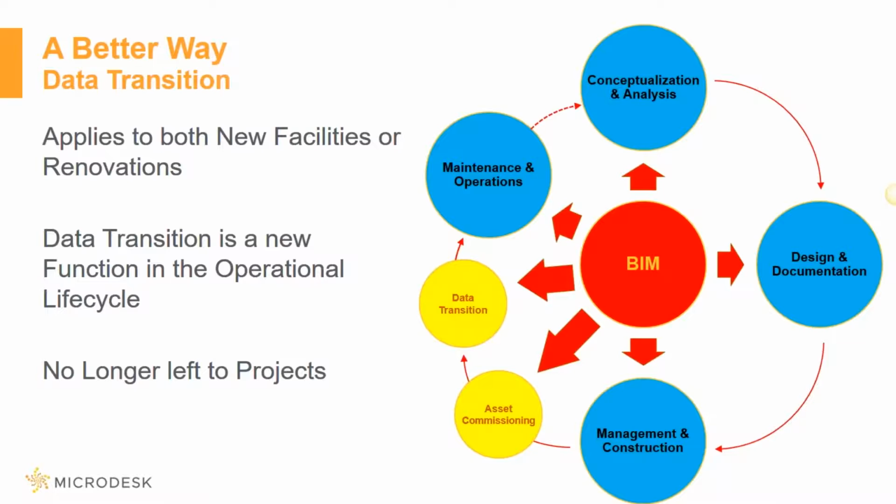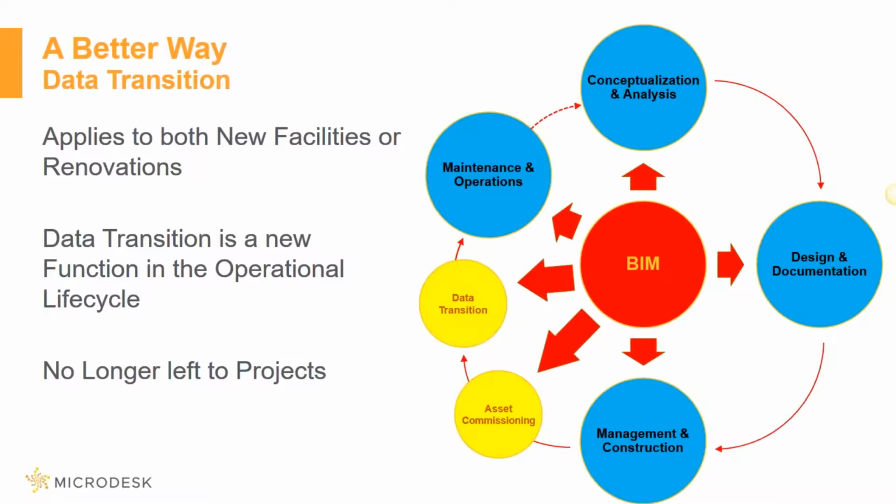And really what we're talking about now is taking that data transition period and making it a part of that higher level within the organization. In other words, don't put the data transition period inside the project. Make it a requirement that's outside the project so you can ensure consistency of data transition, so you can ensure that the right data is getting migrated and that operations gets a consistent amount of data.